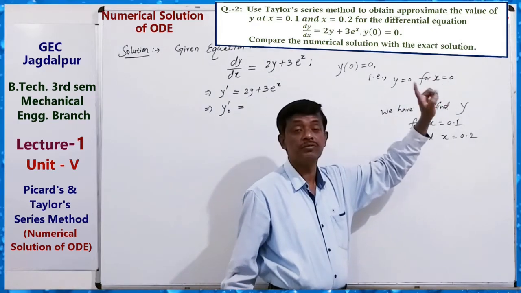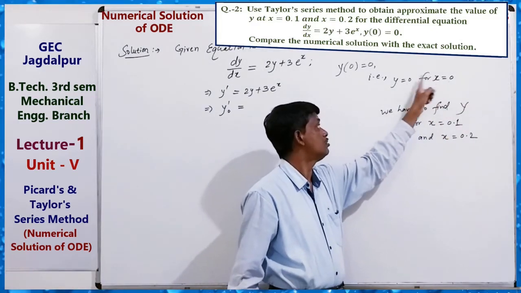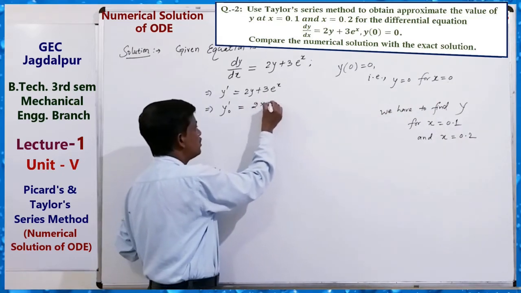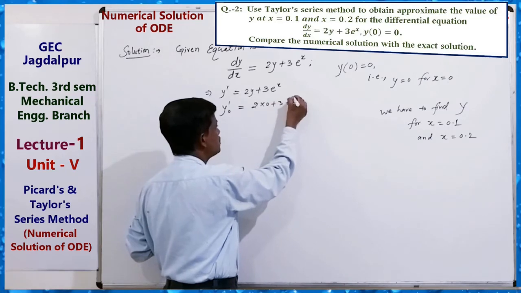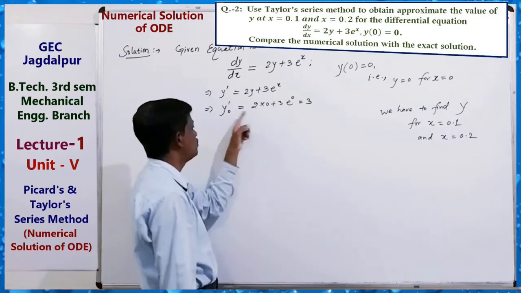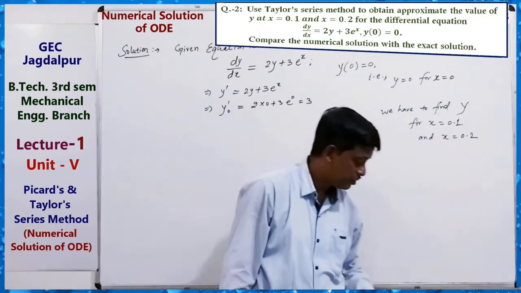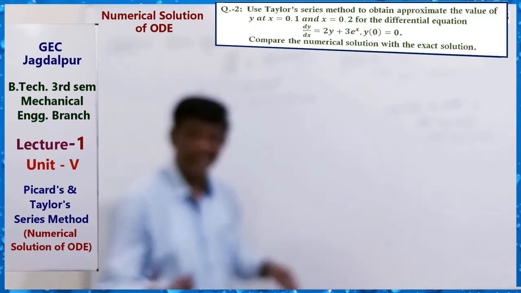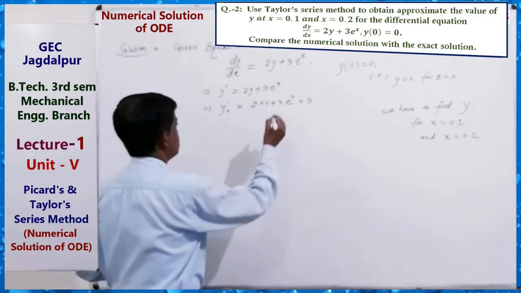Just put x equal to 0 and y equal to 0 here. So 2 into 0 plus 3 into e to the power 0 equals 3. First, y dash 0 is equal to 3. Now for getting the second derivative, differentiate it.